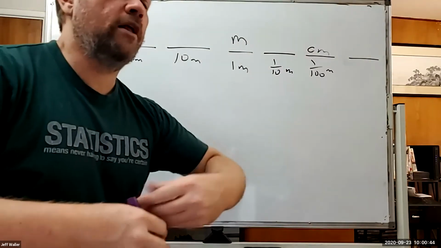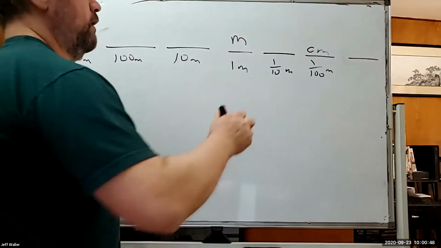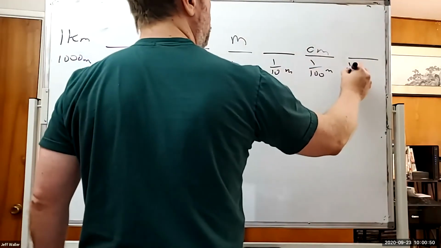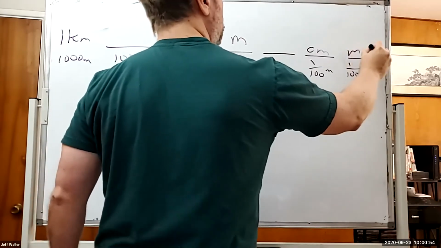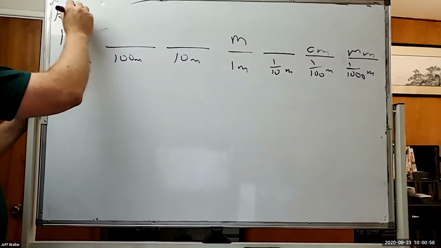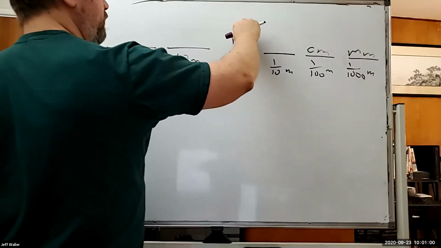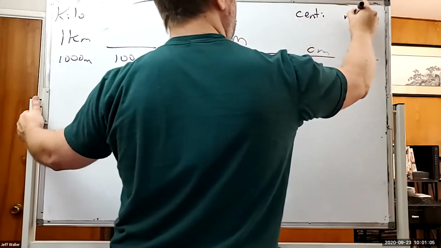That's why we call a penny a cent, because it takes 100 of them to make a dollar. And what's the other one at 1,000th? Millimeter. So the important thing here is the prefix: kilo, then no prefix, then centi, and then milli.